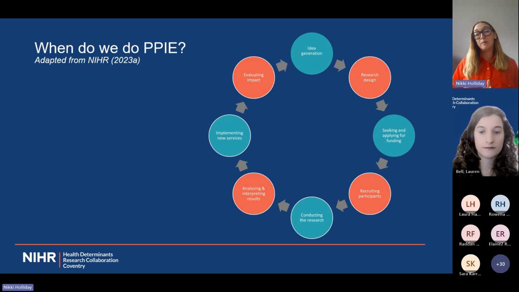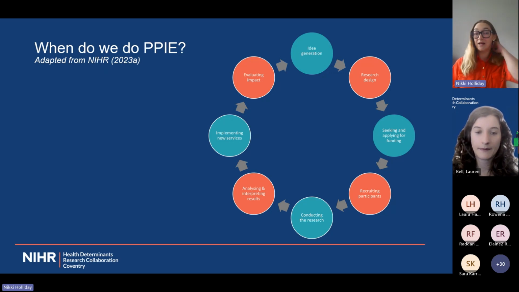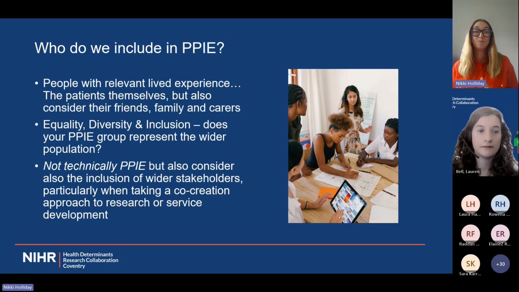You can also get the public involved in analysing and interpreting results, just to get another eye on your results to make sure you're interpreting people's feedback in the correct way and you're not missing anything. And then also post-project, we can get them involved in the implementation of new services and evaluating the impact of our research. So that's the research cycle in a nutshell, and we can involve patients and the public at every single stage of that.